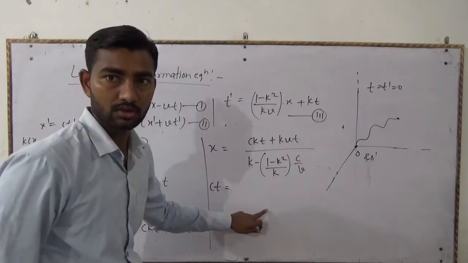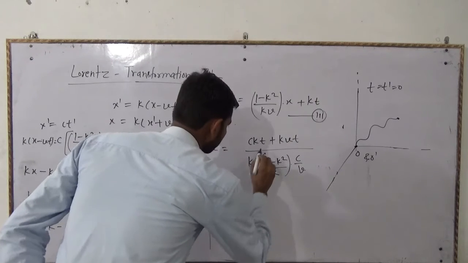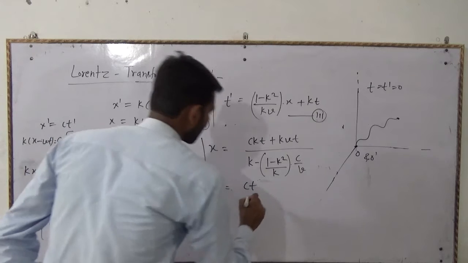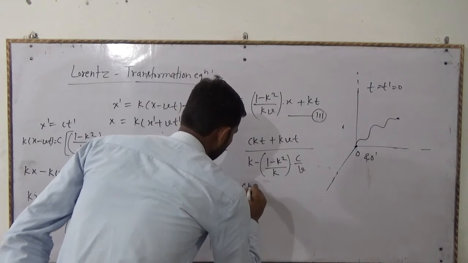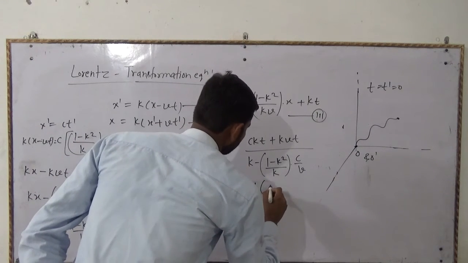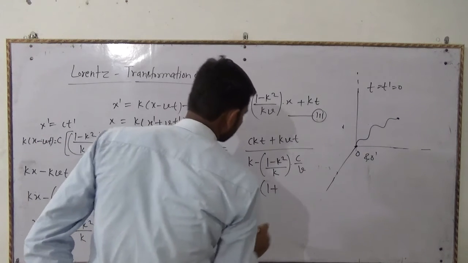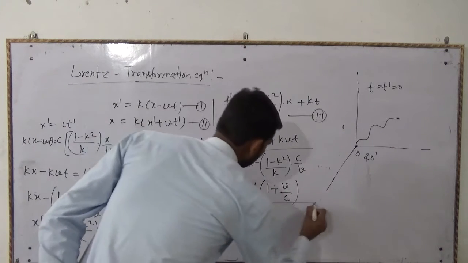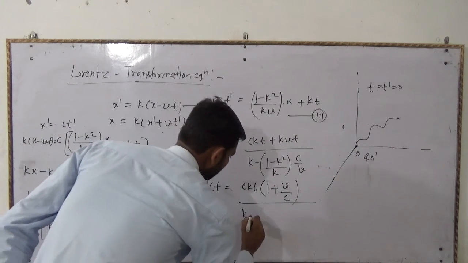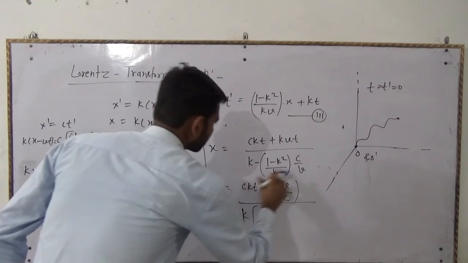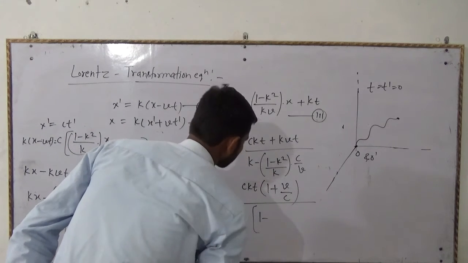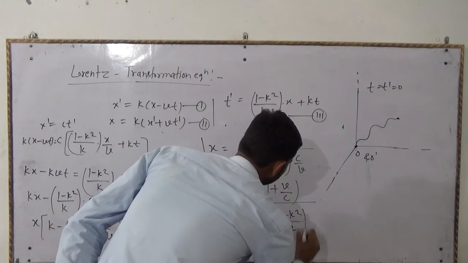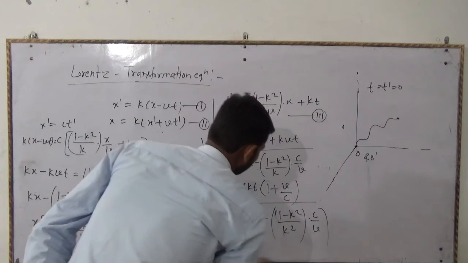So ct is equal to, if we keep ckt common in these two terms, then we can get ckt common, then 1 plus v by c, and upon, from here we keep k as common in both these terms, then we can get 1 minus k square upon k square into c by v.